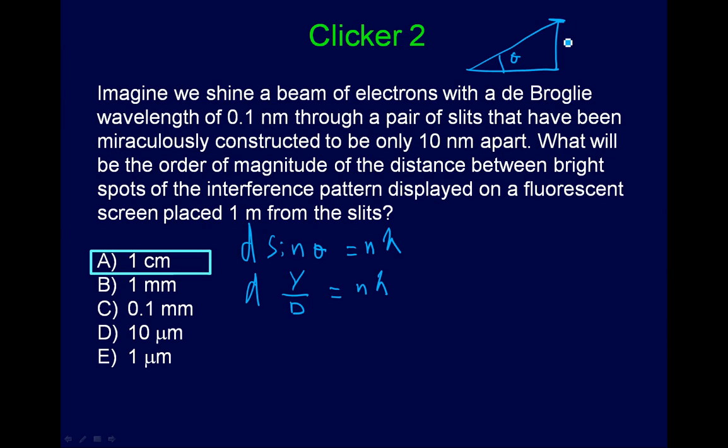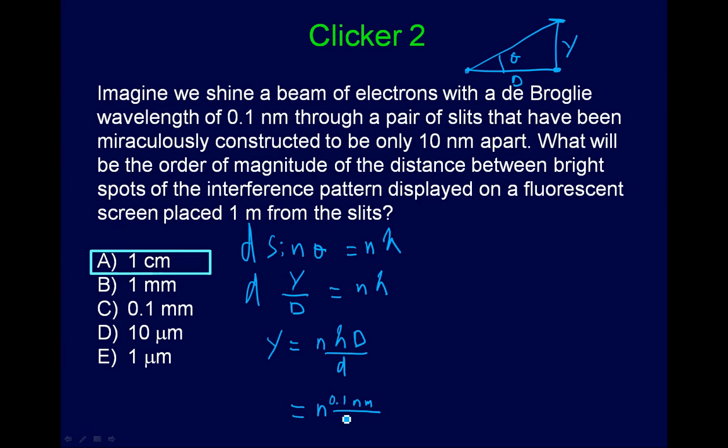Here's a bright spot, and y is the distance from the center up to that bright spot. Big D is the distance from the two slits to the screen, and so everything on here is what we have. I'm interested in this y. So y equals n lambda big D divided by small d. If I plug in our numbers, our wavelength is 0.1 nanometers.